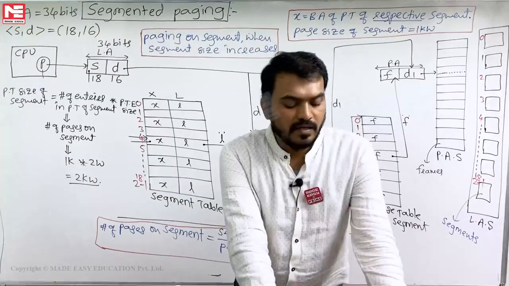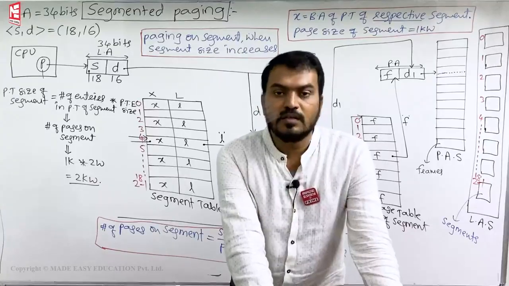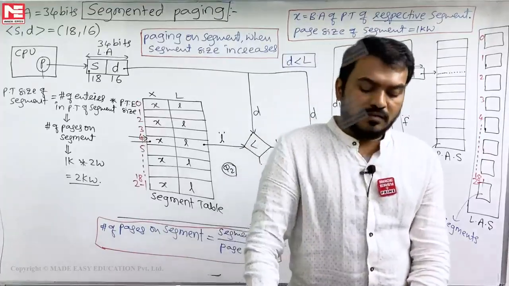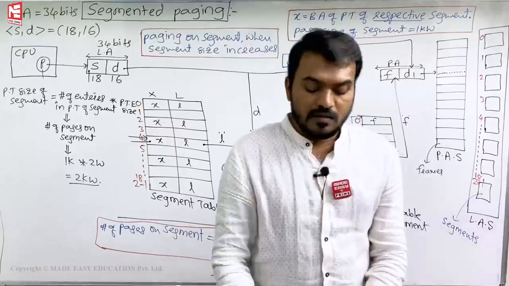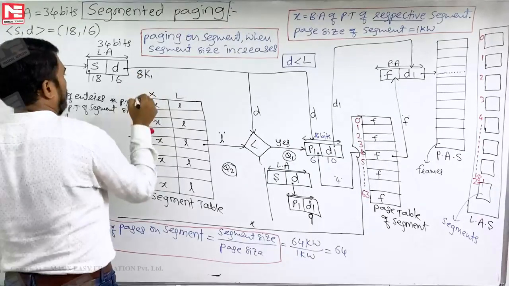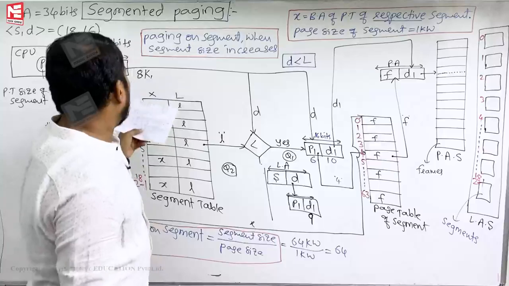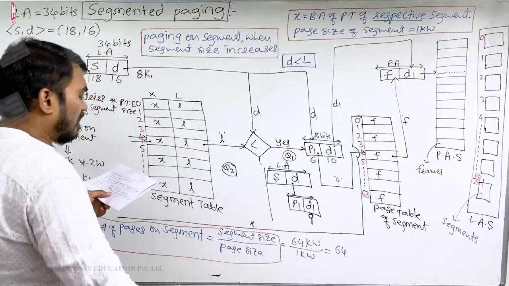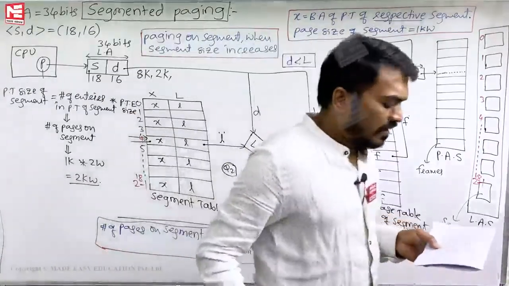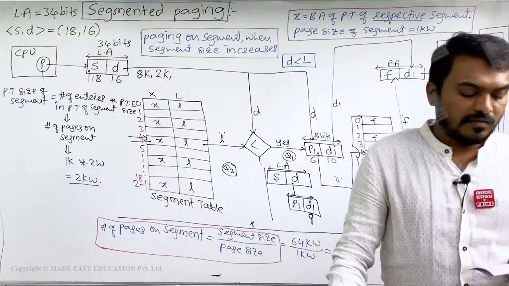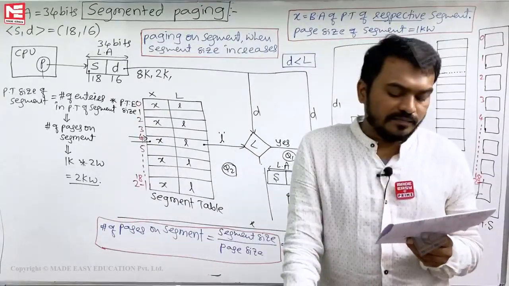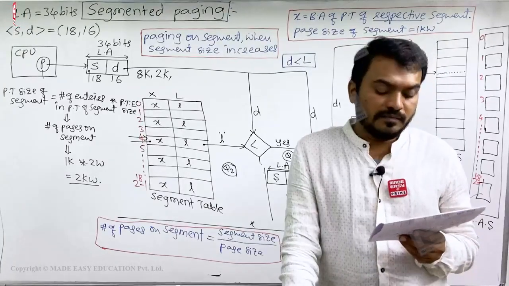The segment is divided into 8k pages. So I am writing here: segment is divided into 8k pages and each page is having 2k entries, full stop.